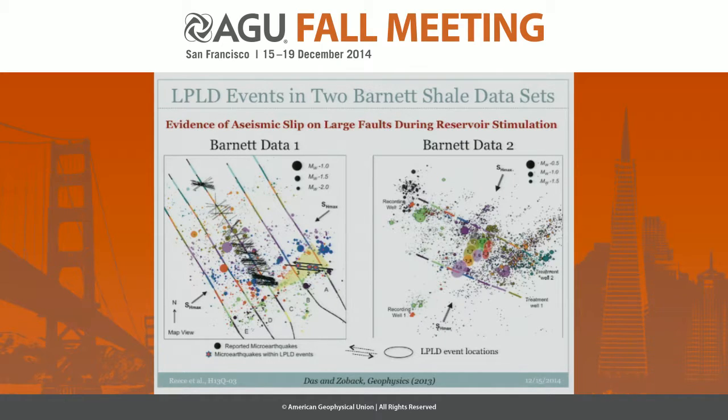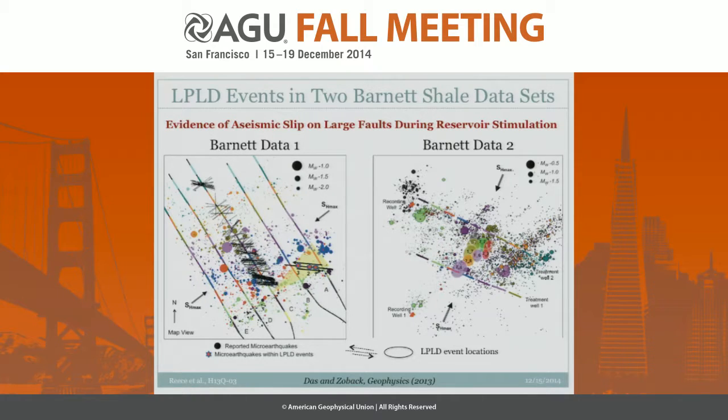Now, Zoback and Das found that there are these slowly slipping events in addition to microseismic events, occurring where those microseismic events are absent, basically here and here. So they can't really be detected with microseismic surveys, but they indicate slowly slipping faults.